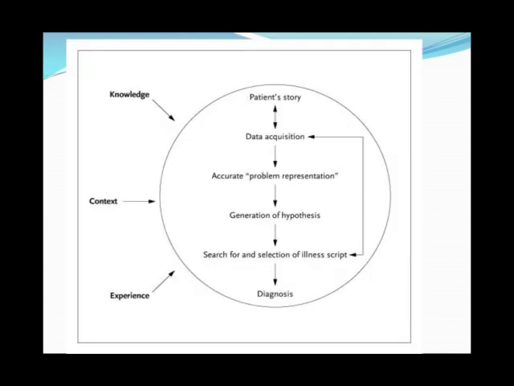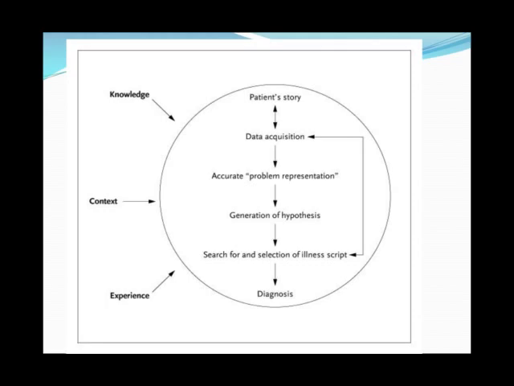So this is a different way of looking at everything. A lot of times we start with the patient story, what the patient's telling us. We just acquire all the data, like from the history, from the exam, from the labs. If we want, we can go backwards, ask the patient more questions, keep going down the line, and then we go to, do we feel like we have an accurate representation of the problem?